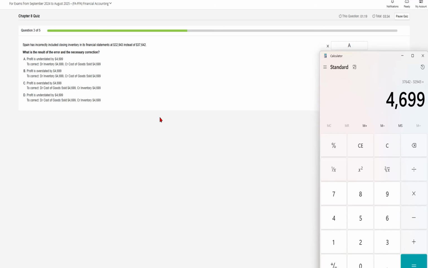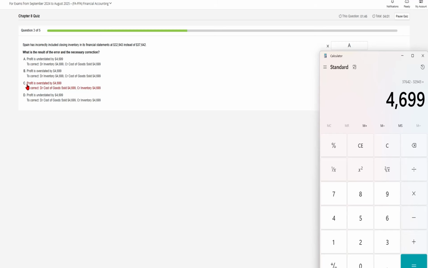Why? Because we deduct closing inventory. So if we have shown closing inventory less, that means our cost of sales is more. If cost of sales is more, that means gross profit is less, and if gross profit is less, then our profit is also shown less. That means understated. So option B and C is out because inventory is understated.